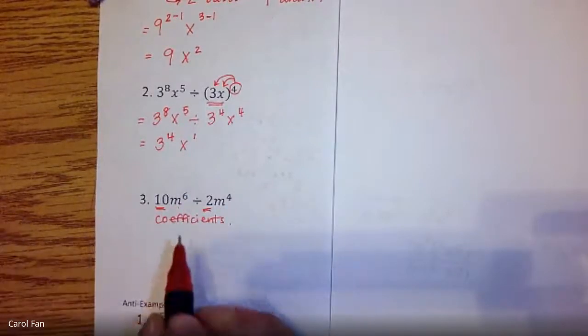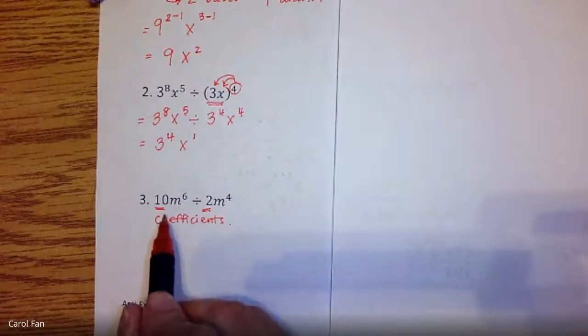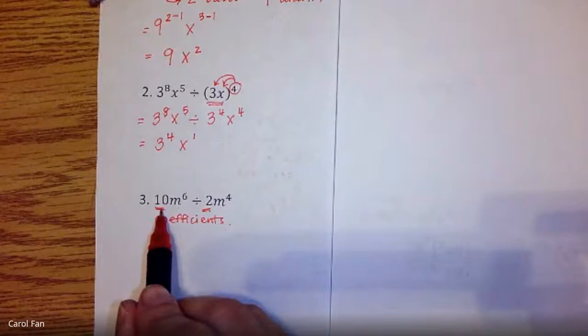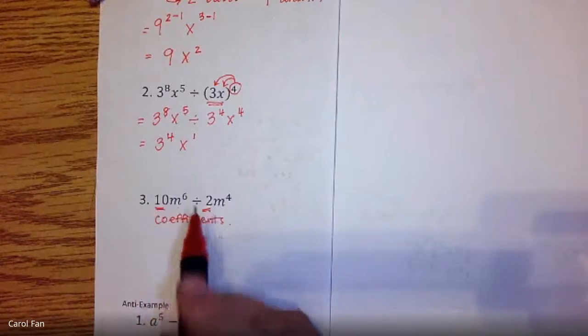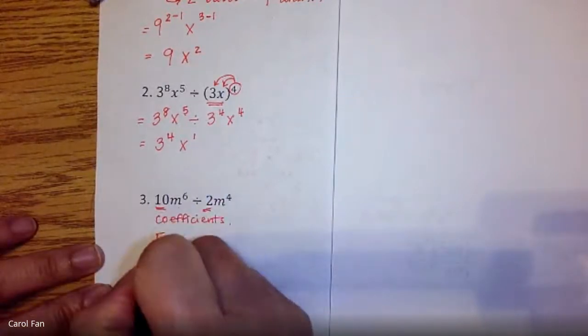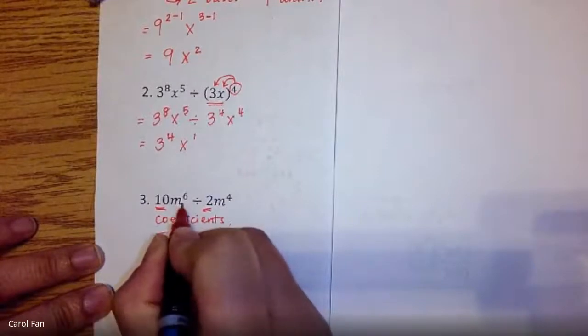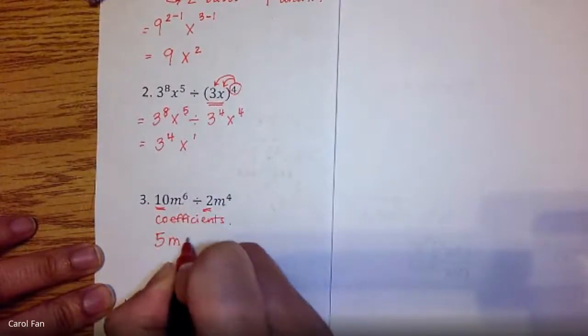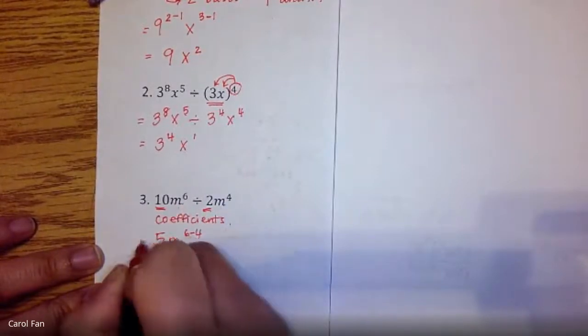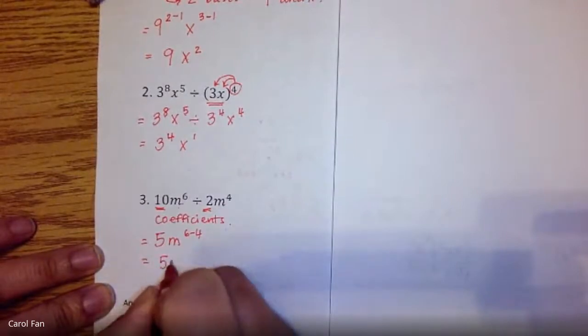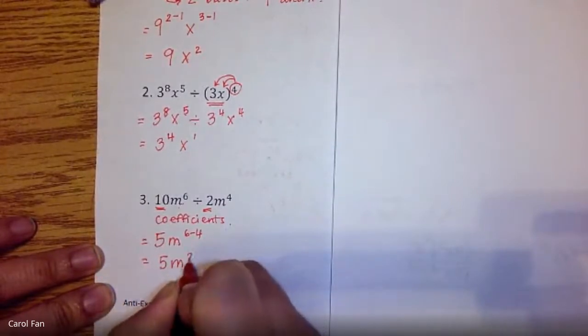Now, if the coefficients are there and I can't treat it like an exponent, I will just use my order of operations. 10 divided by 2 is equal to 5. And then our m base has a 6 minus 4. So we have 5m squared.